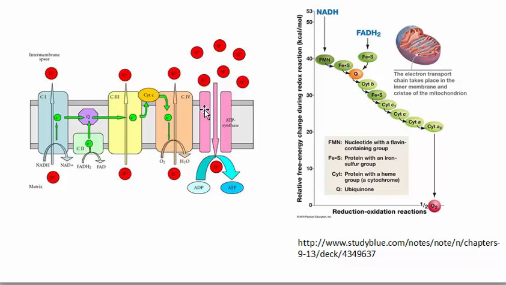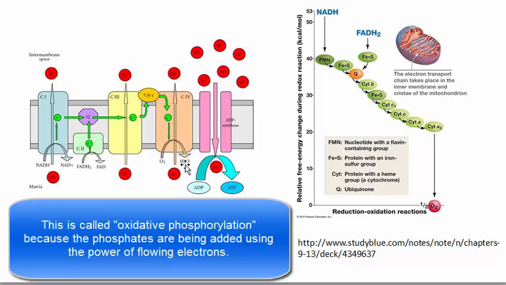It's a protein that is embedded inside the inner mitochondrial membrane. And when it flows through, this ATP synthase synthesizes ATP from ADP. And this is the big generator of ATP in cellular respiration.